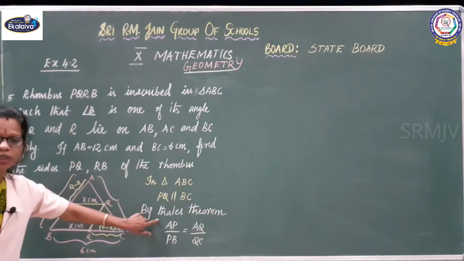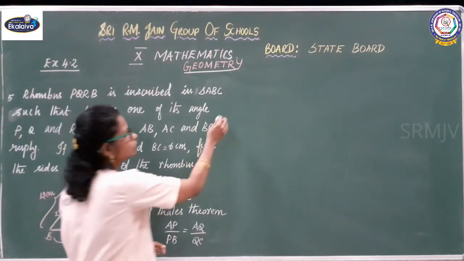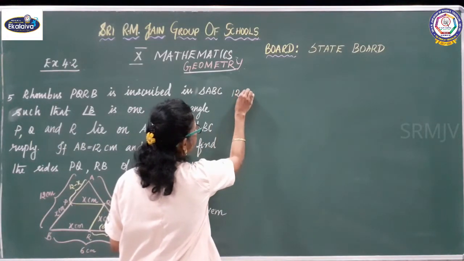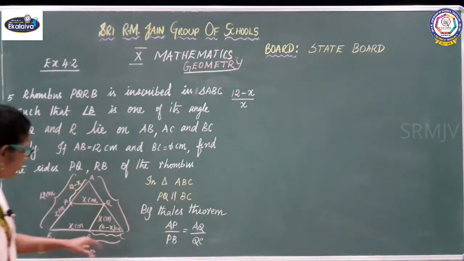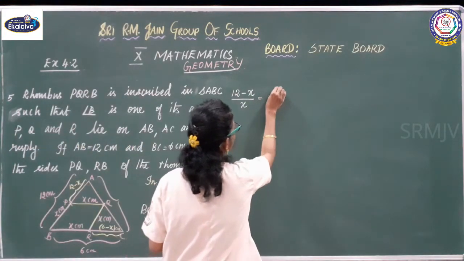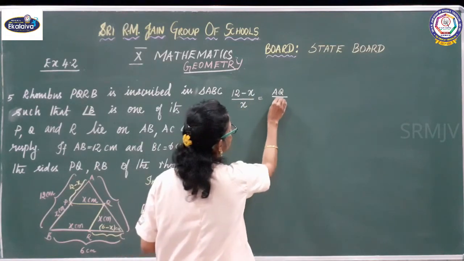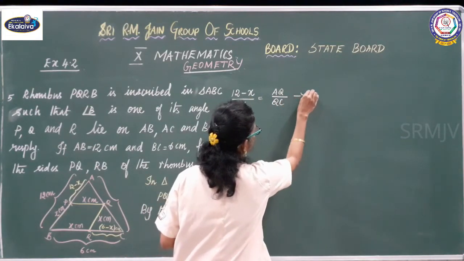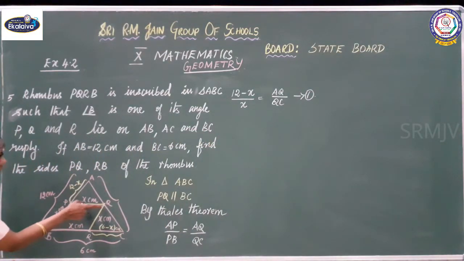Now you know what is the measurement of AP. AP is what? 12 minus x. So 12 minus x divided by x, because PB we consider as x, which is equal to AQ divided by QC. That is equation number 1. Next, you are going to take QR, right?